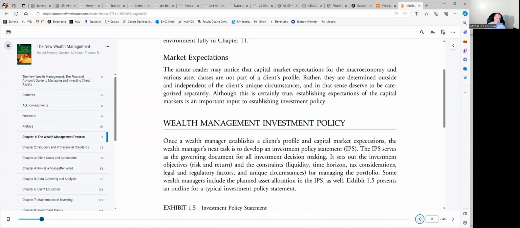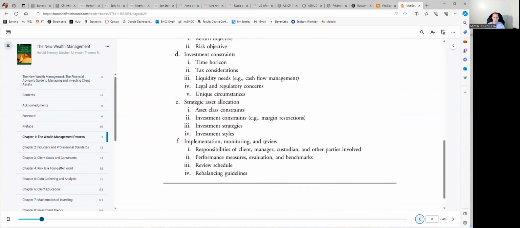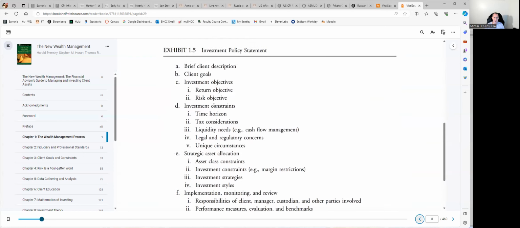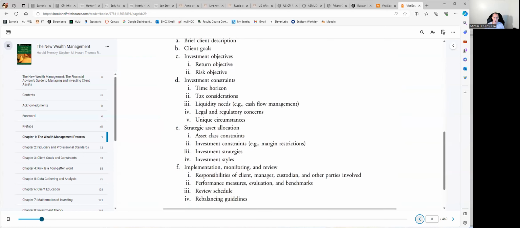Lastly, one more thing here with implementation, monitoring, and review. Be familiar really with this whole page right here, the IPS and categories that are underneath each one. Implementation, monitoring, and review, the components that are consisting there. So one of those things would be rebalancing guidelines.